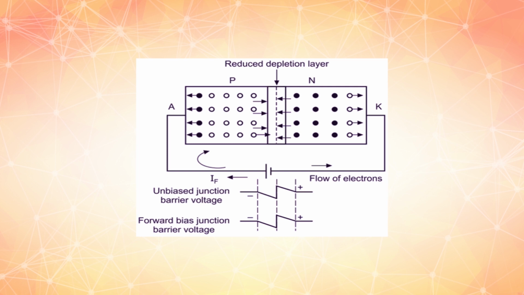Below the figure, the graph is showing the unbiased junction barrier voltage and the forward bias junction barrier voltage. Here we can see that the barrier voltage is overcome by using the forward bias voltage.